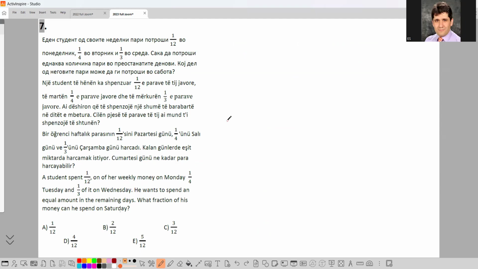All right. So if the student spent 1/12 of his money on Monday, plus let's calculate how much did he spend, or she. All right, 1/12 plus 1/4 plus 1/3.